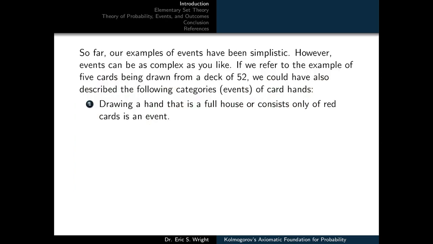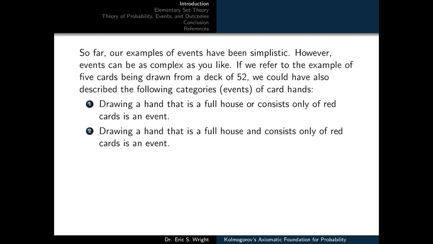Our example so far has been pretty simplistic. However, events can be as complex as you like. If we refer to the example of 5 cards being drawn from a deck of 52, we could have also described the following categories, or events, of card hands. Drawing a hand that is a full house or consists only of red cards is an event.